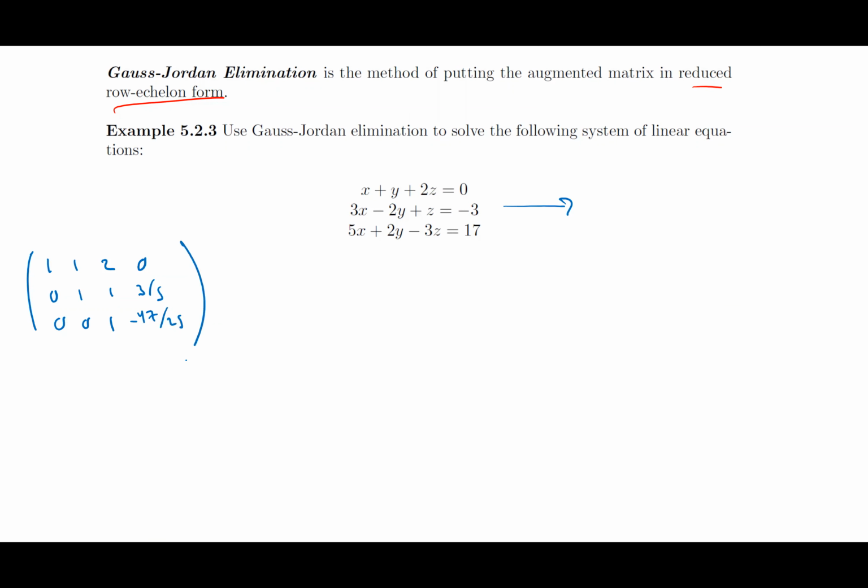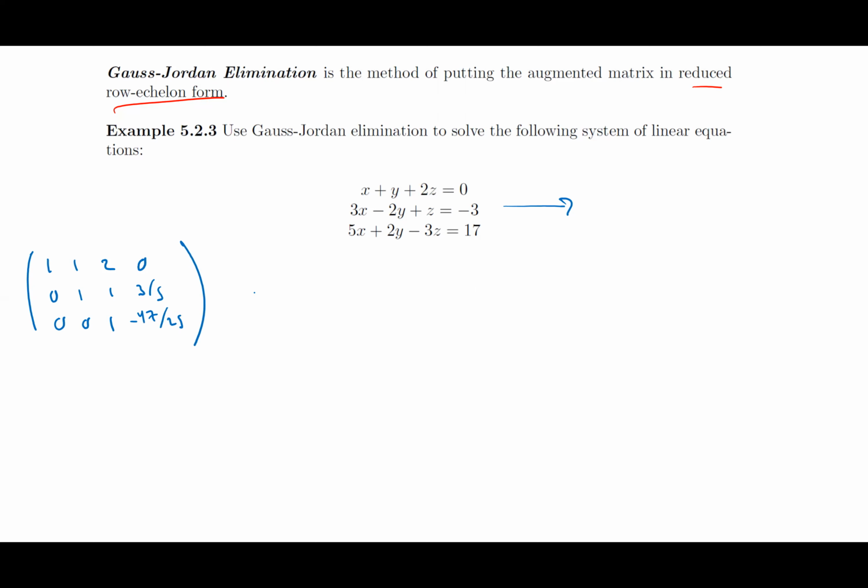Now, what's nice about this is that, right, when we look at row 3, we know what Z is. Reduced row echelon form lets us look at every row and figure out what the individual variable is. So in other words, row 2, instead of 0, 1, 1, let's make row 2 0, 1, 0. And in row 1, instead of 1, 1, 2, let's make it 1, 0, 0. Okay? And so that's what we're going to do now.